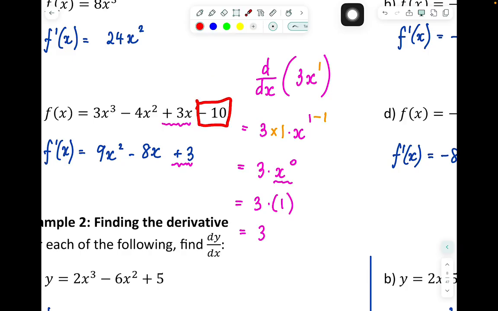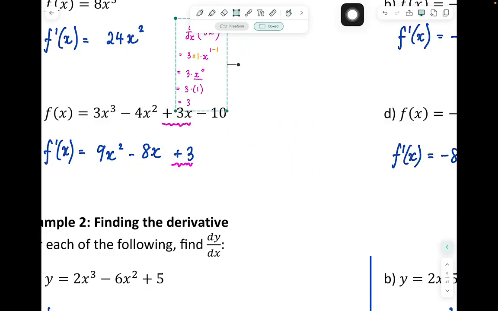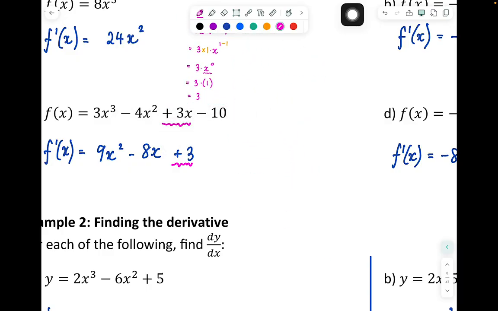And this negative 10 here, since there is no x attached, the power of x disappears. I'll show you why, because the algebra here still checks out. I'll demonstrate.